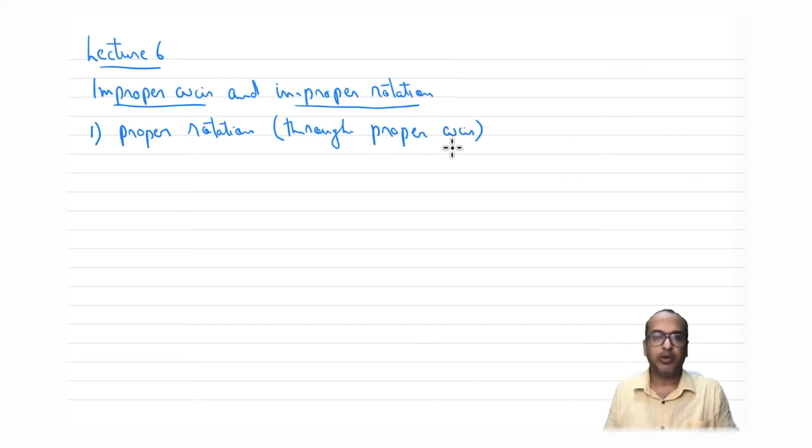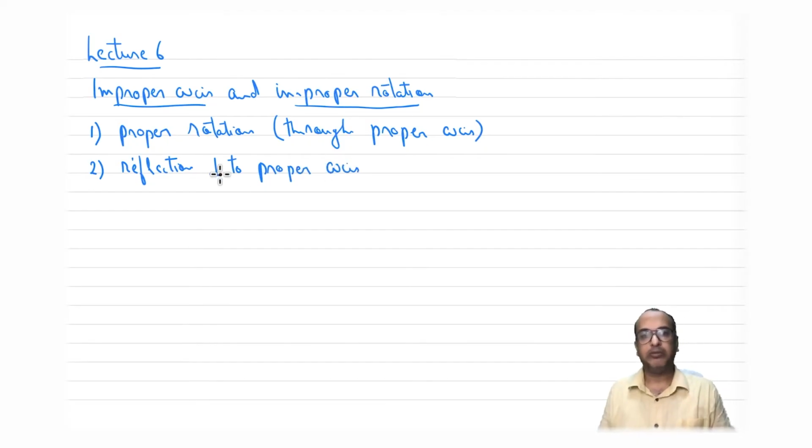We have already seen what a proper axis is. And the second part is reflection perpendicular to the proper axis. So reflection via a plane which is perpendicular to the proper axis of rotation.